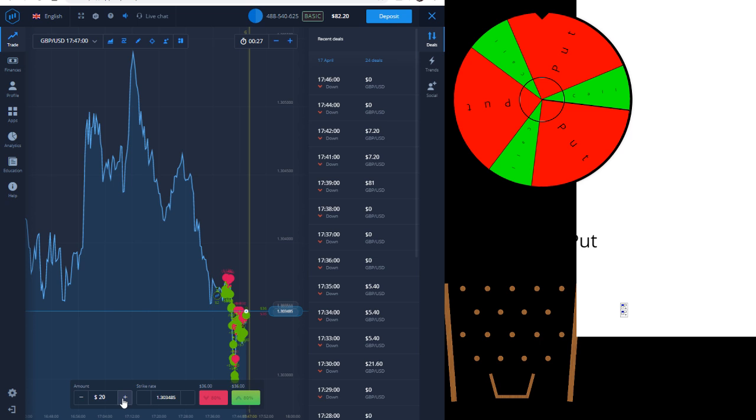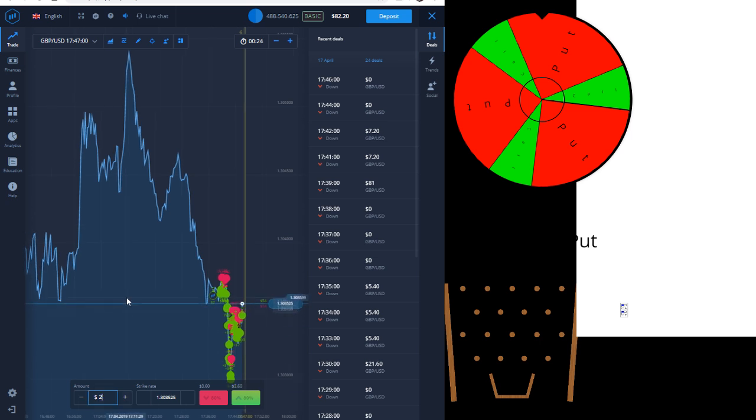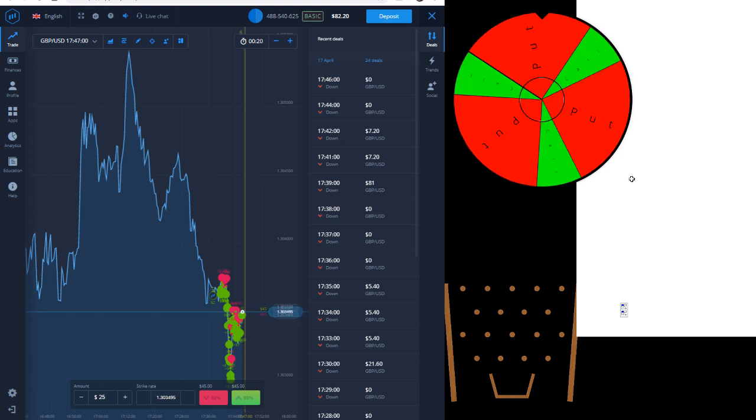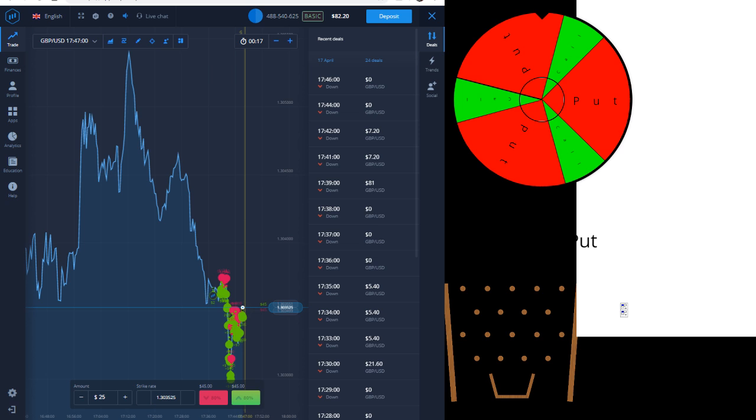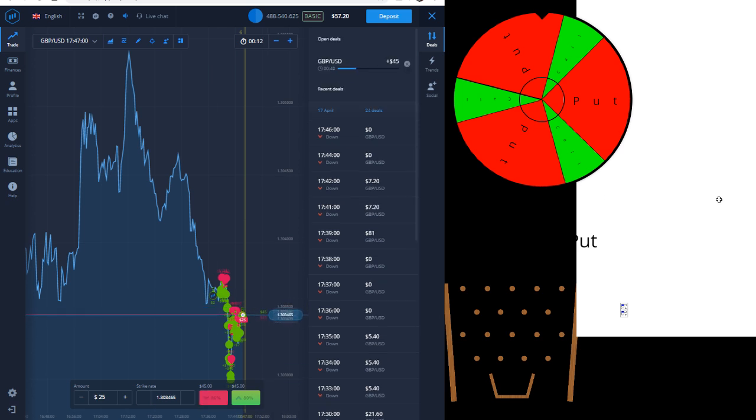My next amount is going to be how much? $25. Spin the wheel. Okay, so it's gonna be another put, not to worry. But if I lose this one, my next amount is going to be 55, the max amount.